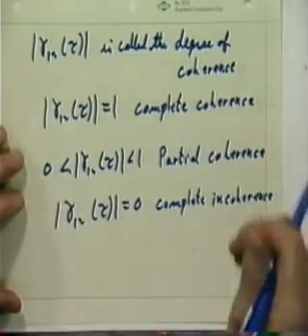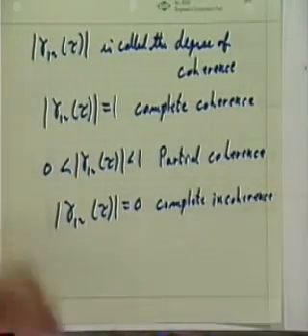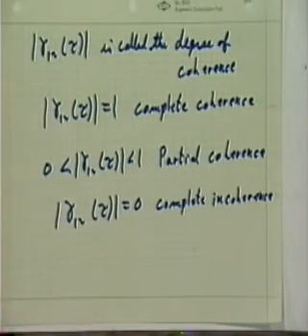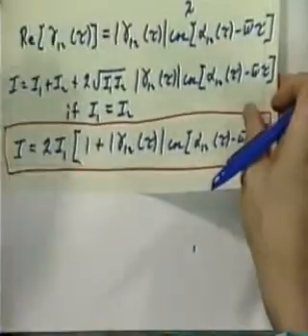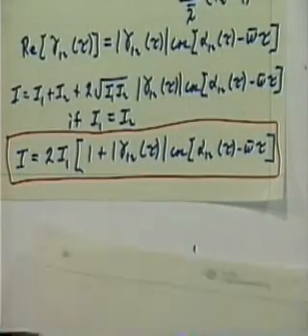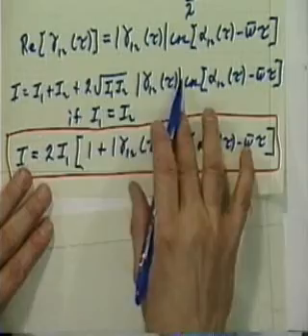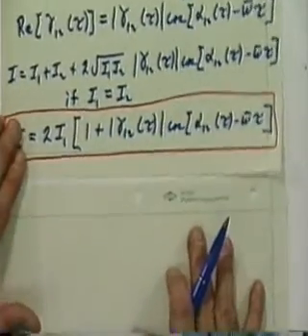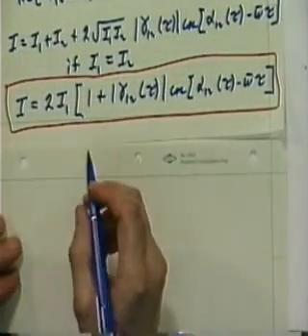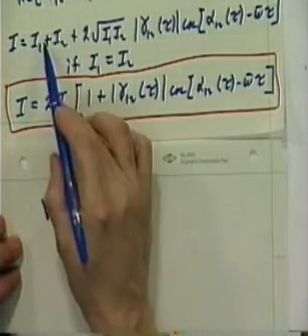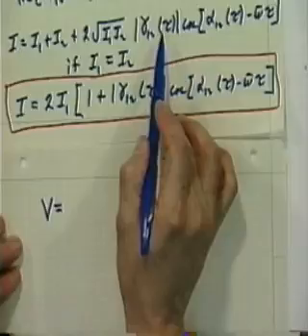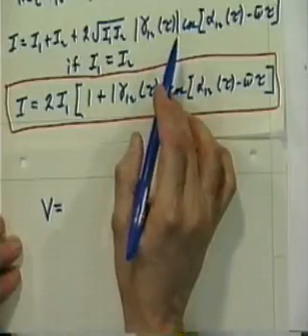And so if we go back and look at these two equations, let's first look at this one here. If I were to ask you what the fringe visibility is, we know it's Imax minus Imin over Imax plus Imin.